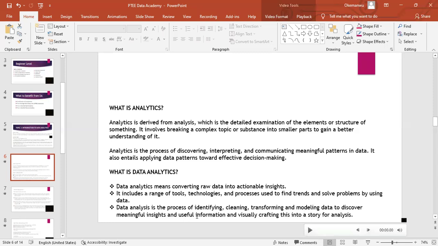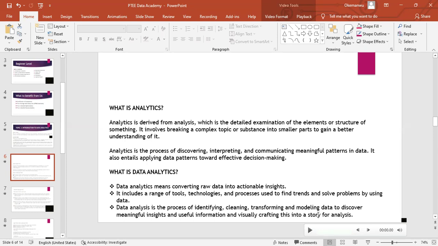This is the general, or broader, definition of it all. Not just that, it also involves visualizing it into a story so that you are able to tell or discuss the story in that particular data. So it is the process of identifying, cleaning, transforming, and modeling data to discover meaningful insights and useful information, and visually crafting this into a story for analysis. That is what data analytics is all about.